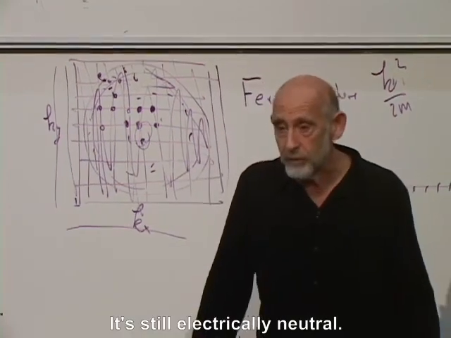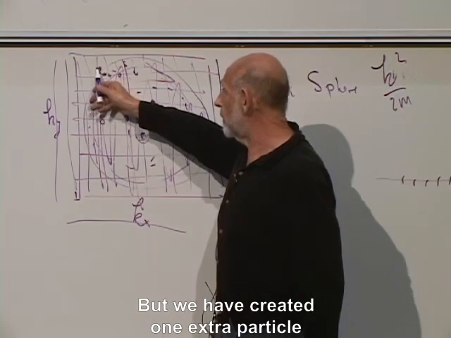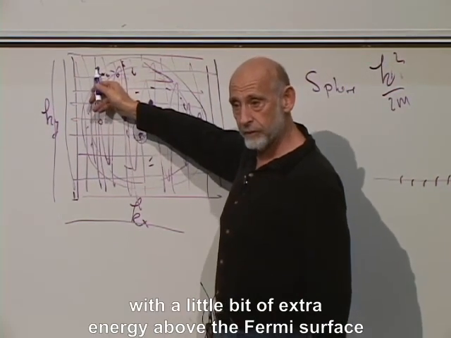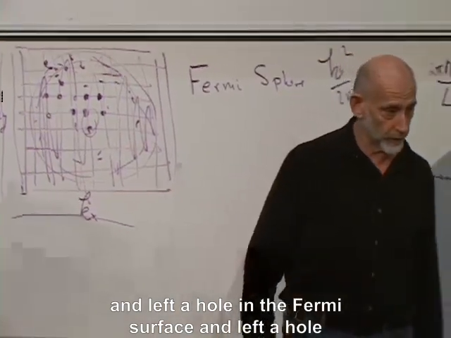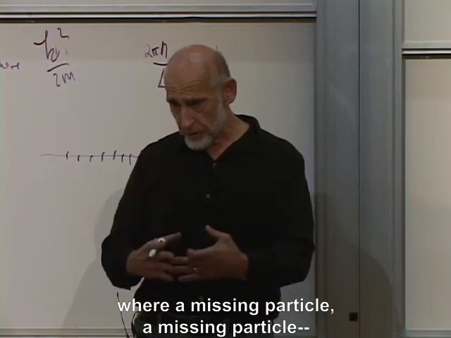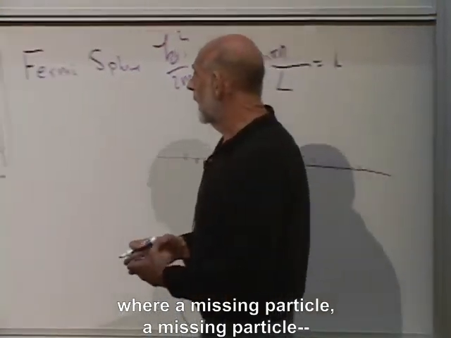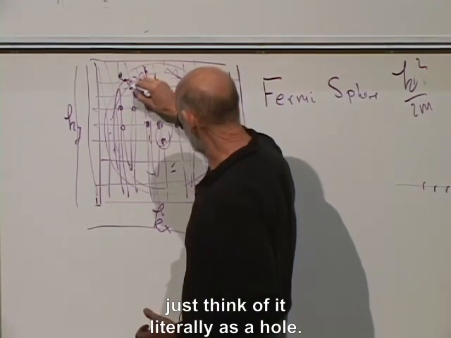It's still electrically neutral. But we have created one extra particle with a little bit of extra energy above the Fermi surface and left a hole in the Fermi surface. Left a hole with a missing particle. Just think of it literally as a hole.